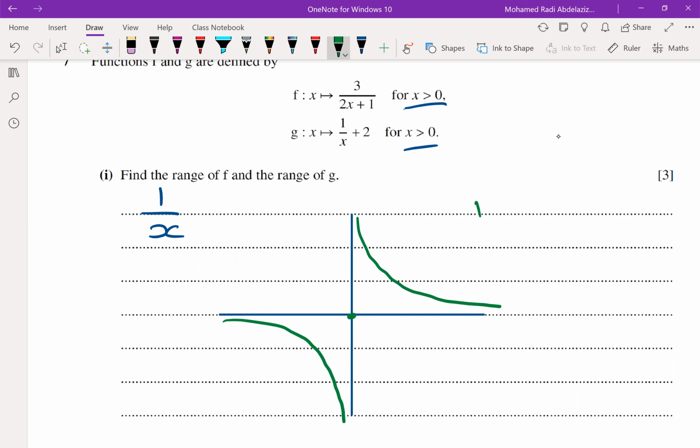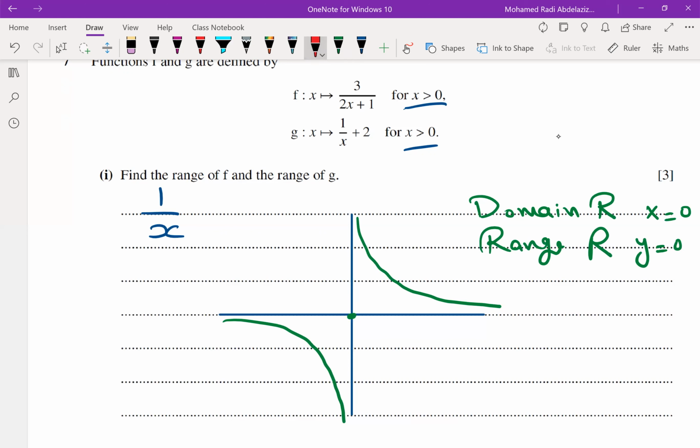In general, the domain is all the real numbers where x is not equal to 0, and the range is all the real numbers where y is not equal to 0. This point is called the reflection point.